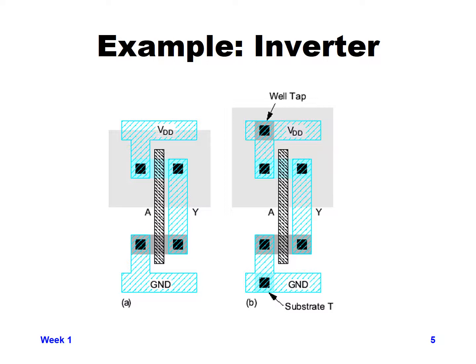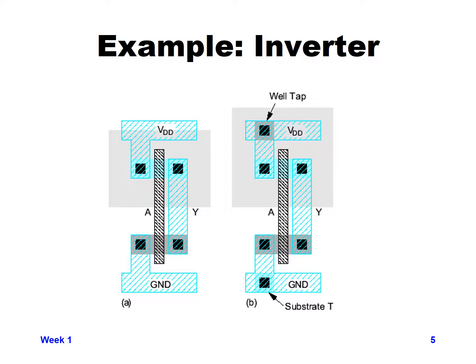And so the A is showing if you don't actually have a well and substrate tap included in your standard cell. And the B is showing if you put a well and substrate tap inside of your standard cell.